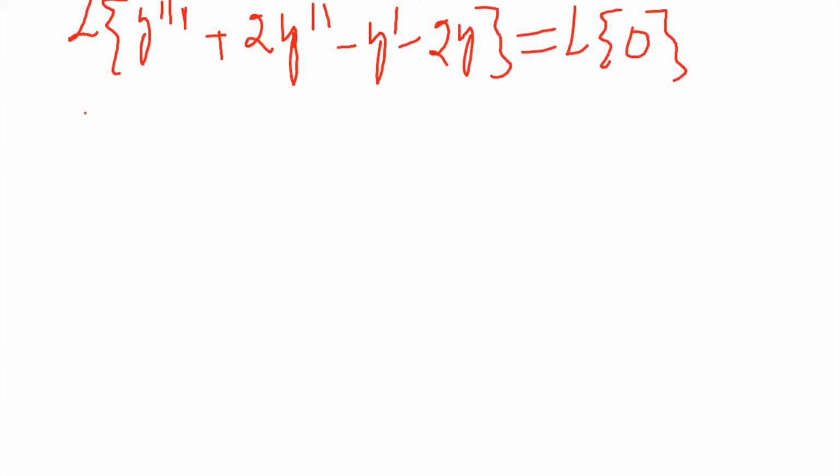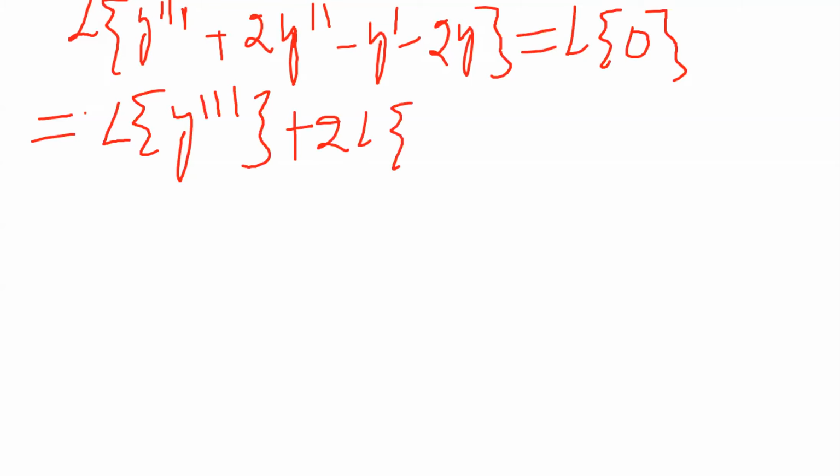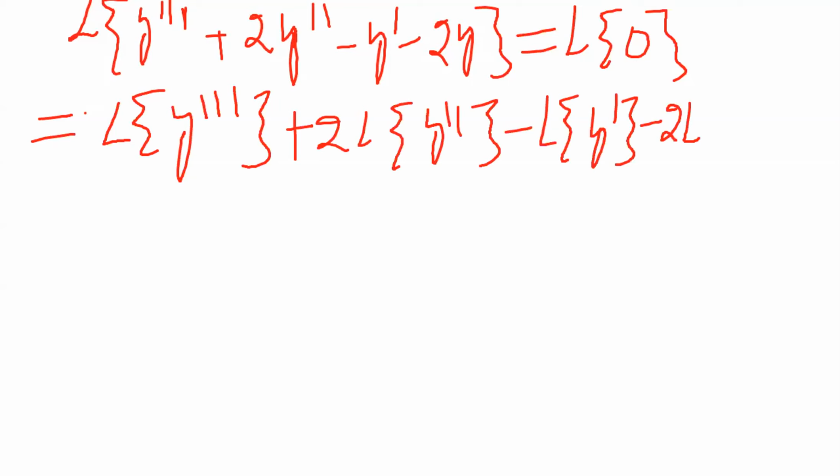We have to separate the Laplace transform and write the constant terms outside. So each and every term we have to separate by using Laplace. Here 2 is constant, L of y double dash minus L of y dash minus 2 is also constant, L of y, and right side L of 0 equal to 0.